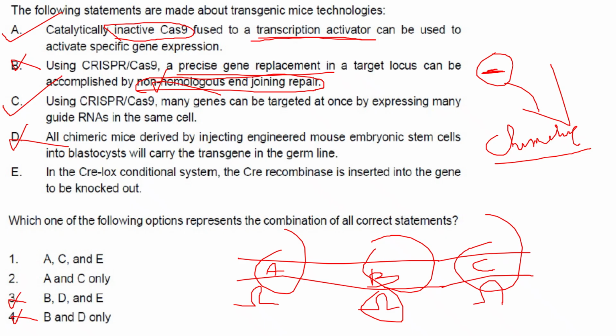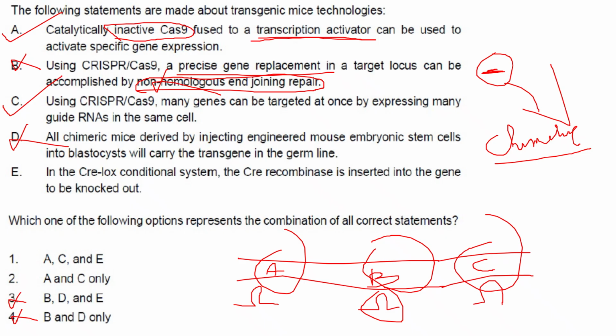Then the next case: these embryonic stem cells are carrying the transgene. If the embryonic stem cells you are introducing into the blastocyst are not carrying the transgene, and they go to the germline of the chimeric mice, still you are not getting the target gene introduced into the chimeric mice.